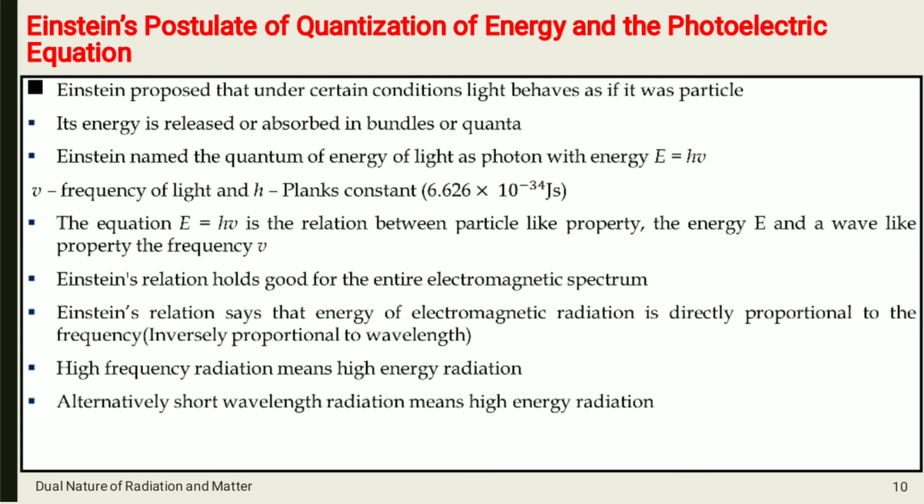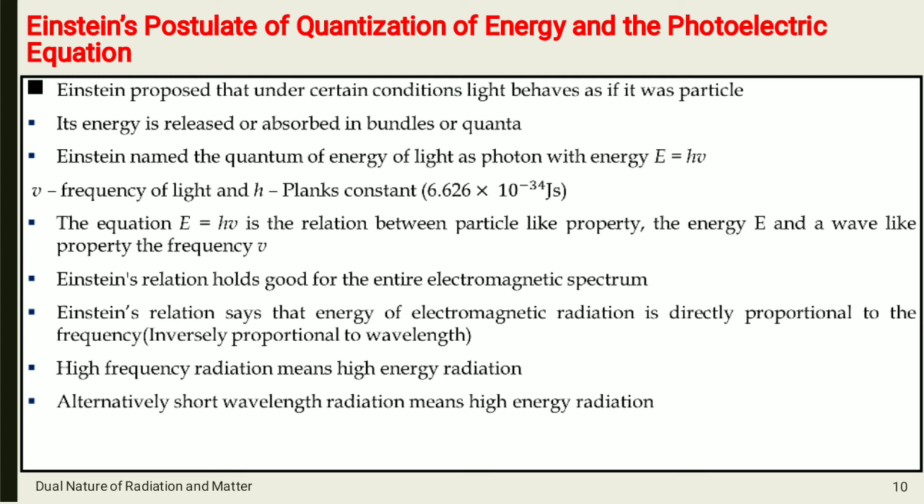Means energy belongs to whom? To a particle. And frequency is the physical quantity we use for what? For a wave. Means E is equal to h nu: E is energy related to a particle, nu is related to frequency. Means what is Einstein trying to say here? That sometimes light will act as a wave and sometimes will act as a particle.